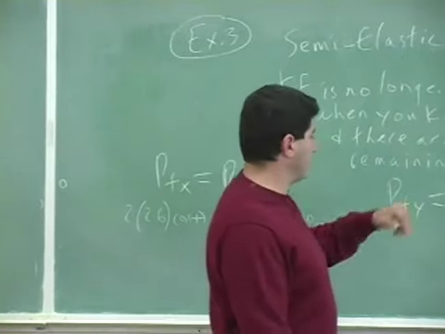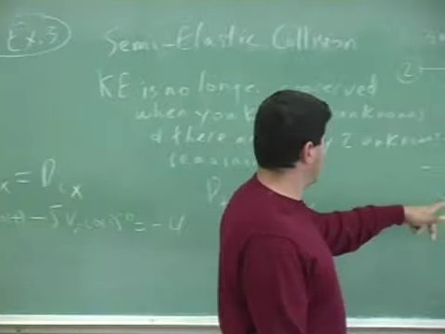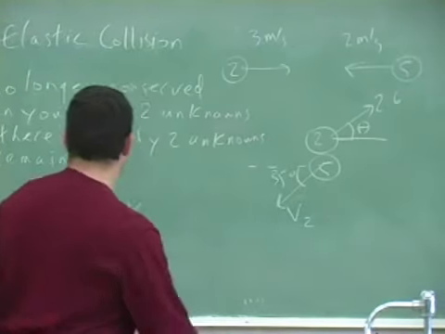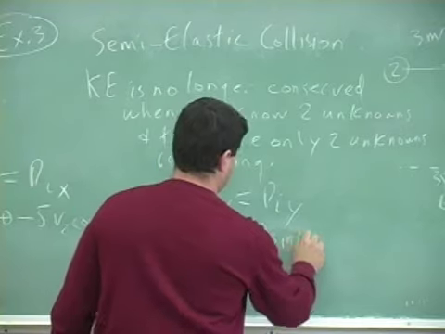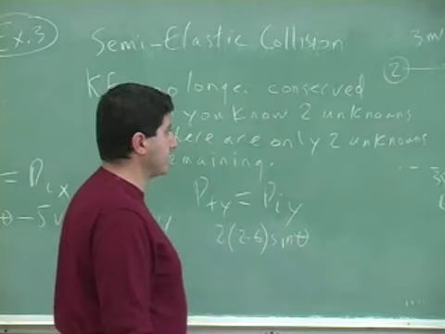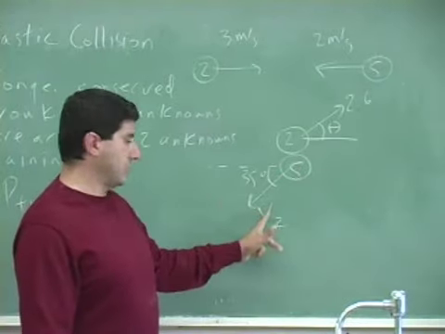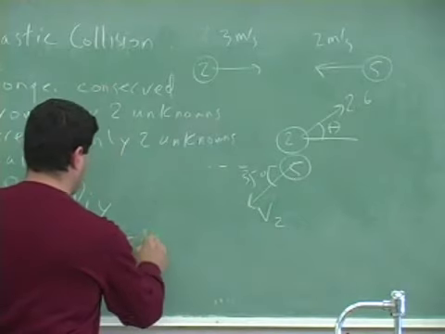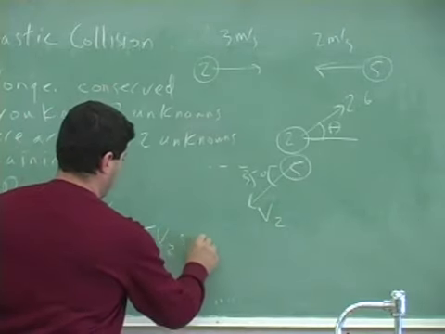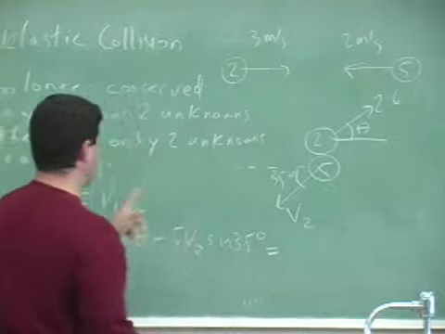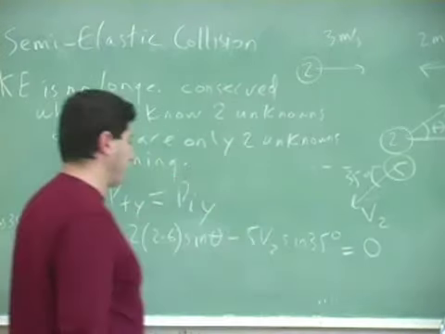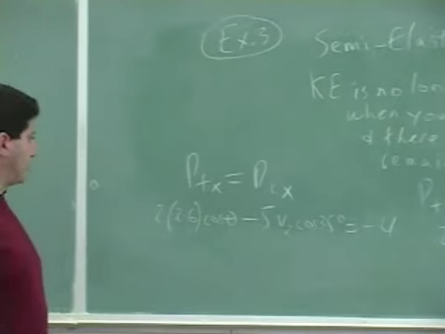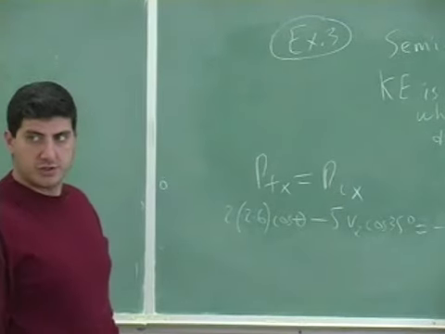Then you have the momentum in the y, which is 2 times 2.6 times sine of theta. And then you have the momentum in the y of this one is negative 5 times v2 times sine of 35. And then the initial momentum in the y is 0. Okay? So now, this is a lot more doable.